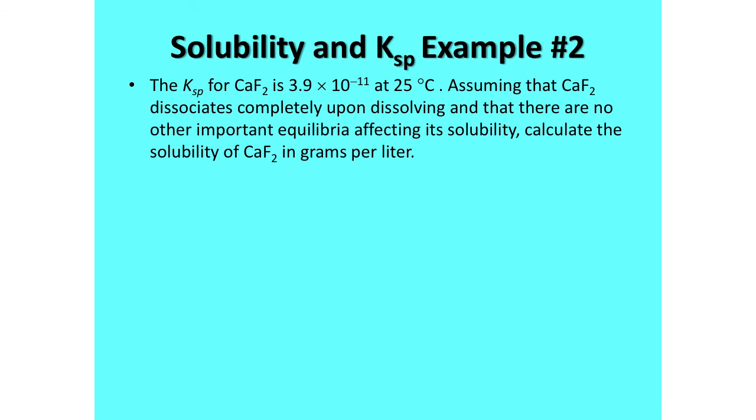All right, in our second example, we have calcium fluoride that has a small Ksp value. So, again, telling us that it is not readily soluble. The small amount of the solid that will dissolve would turn into the calcium ion, and then two of the fluoride ions.